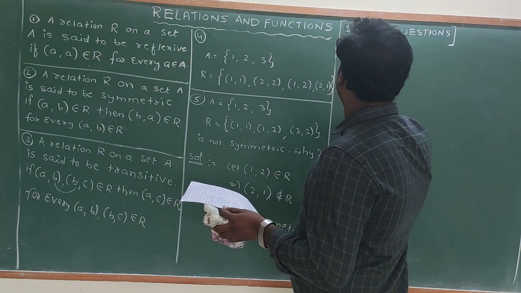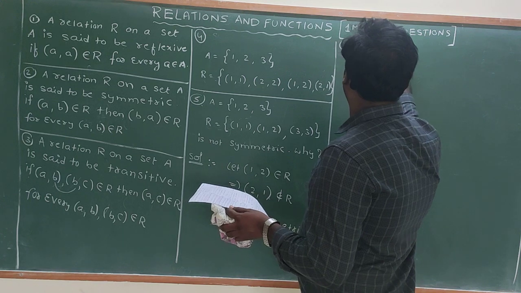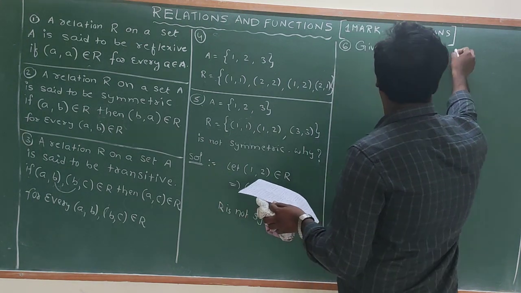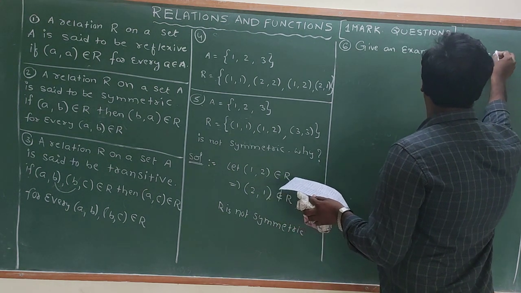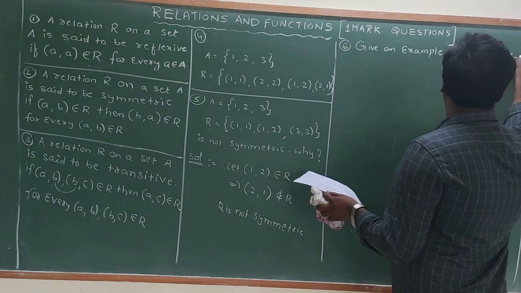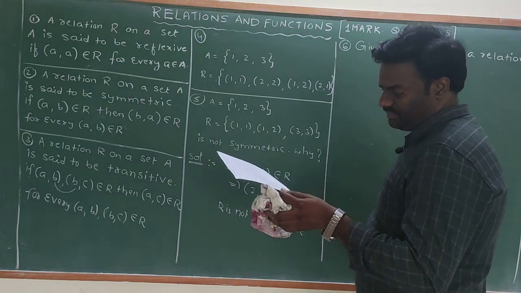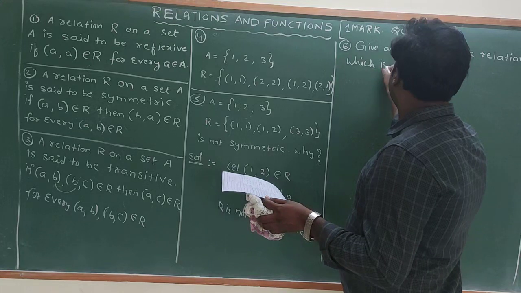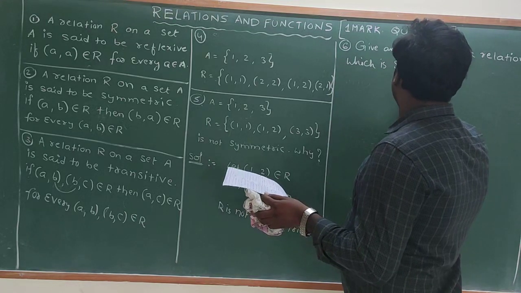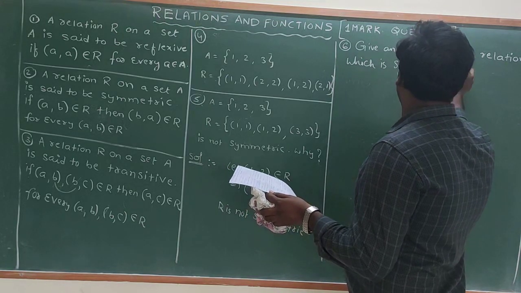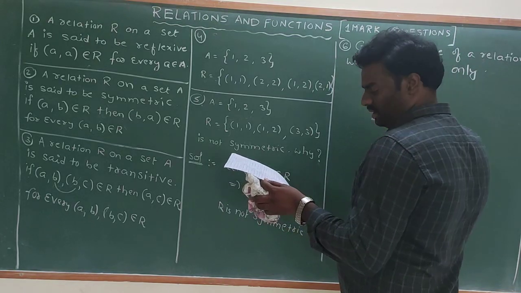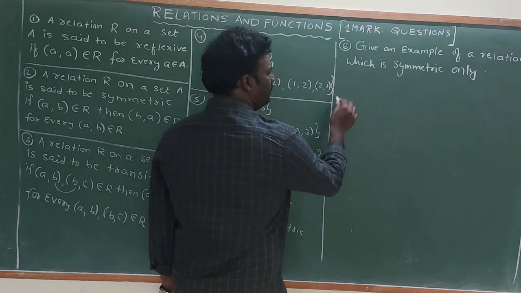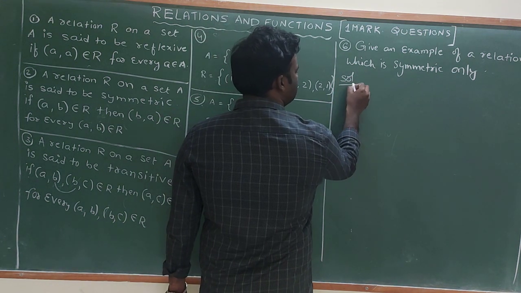Sixth question. Give an example of a relation which is symmetric only. Okay, we will discuss.